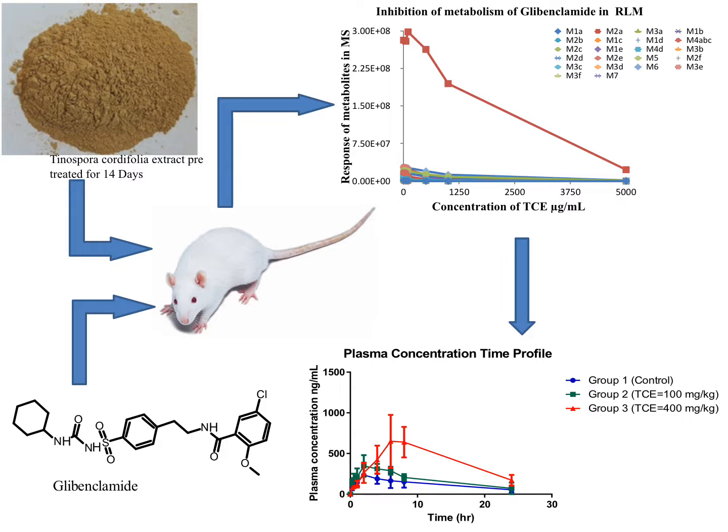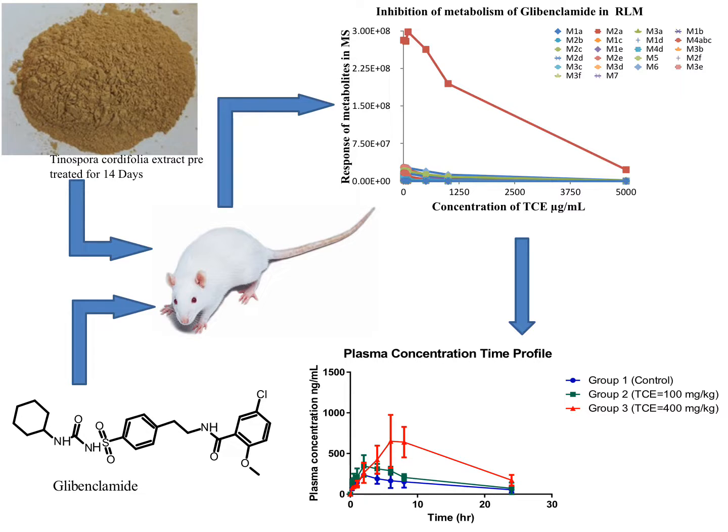As you can see in this area under the curve, when Tinospora cordifolia extract is given at a dose of 100 mg per kg and 400 mg per kg, there is a proportionate increase in the plasma level of glibenclamide.